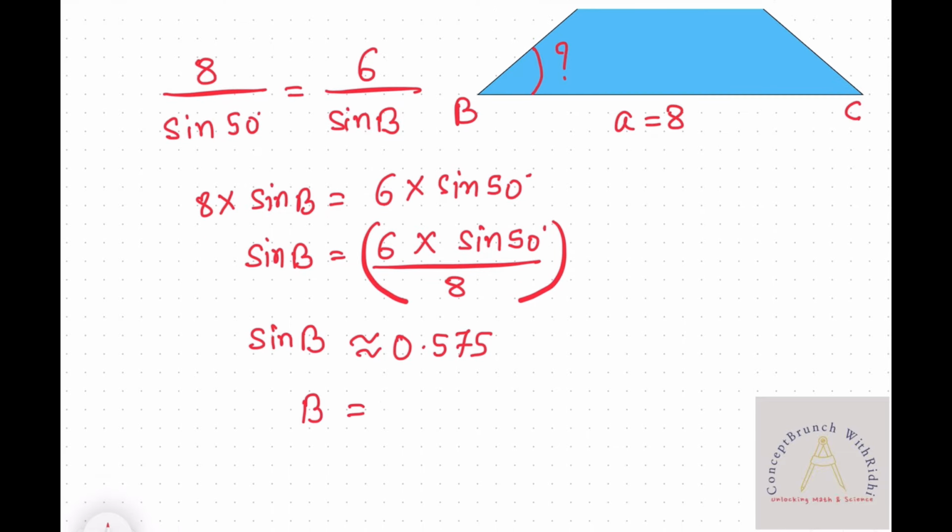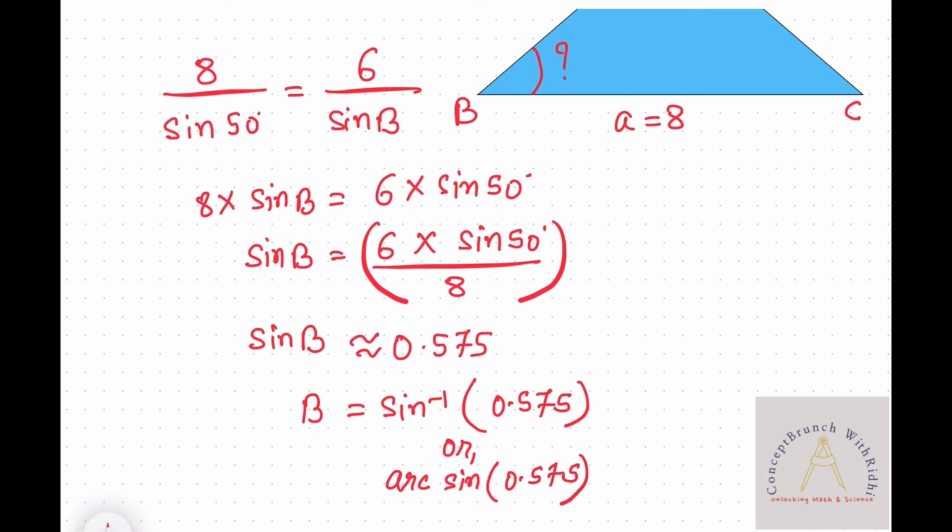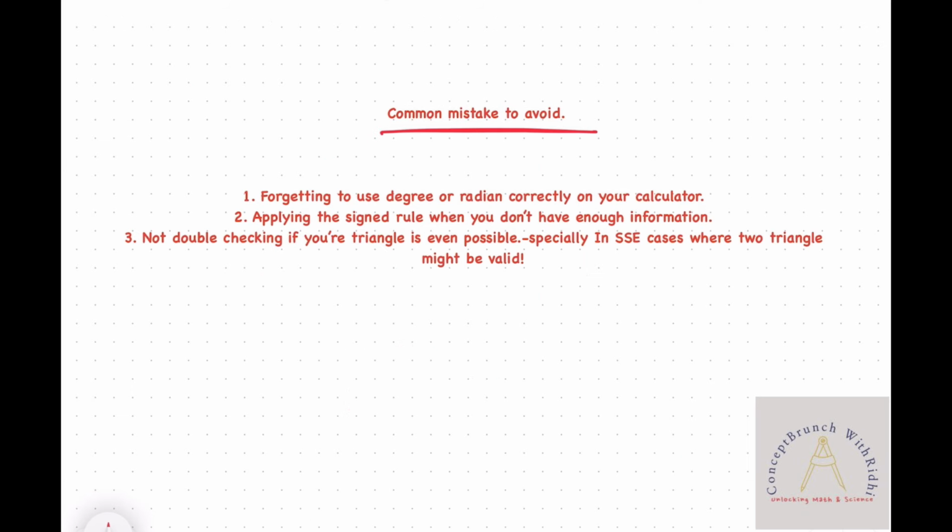So B equals sine inverse 0.575. We can write it another way as well, arcsine 0.575. Okay, both ways. So approximately we'll get the angle as 35.2 degrees. Okay, so we can say we found the angle B.